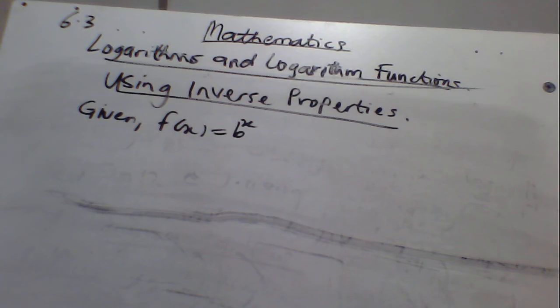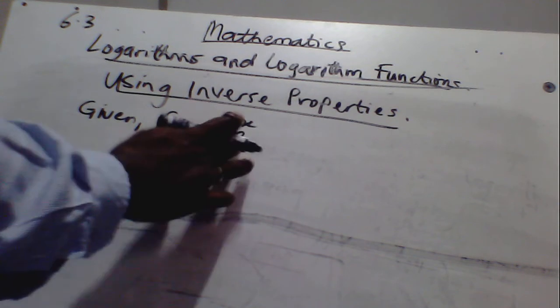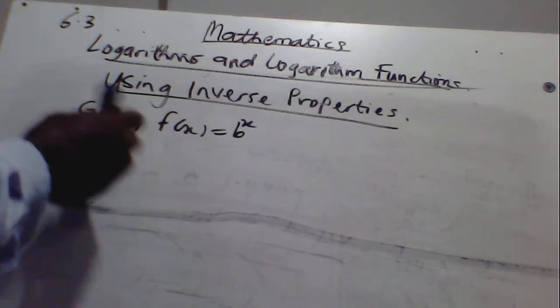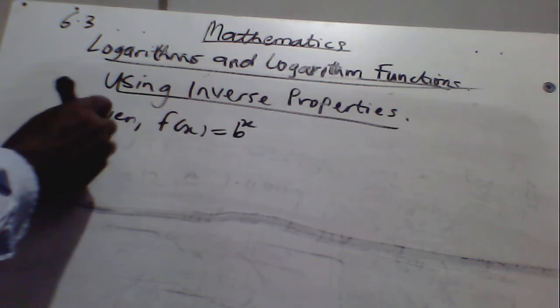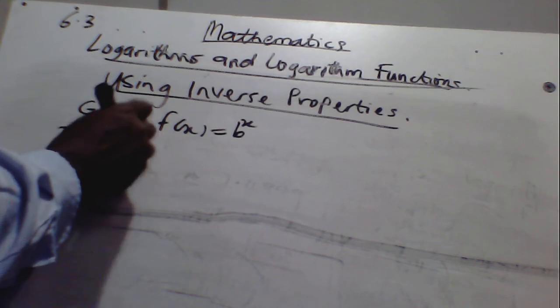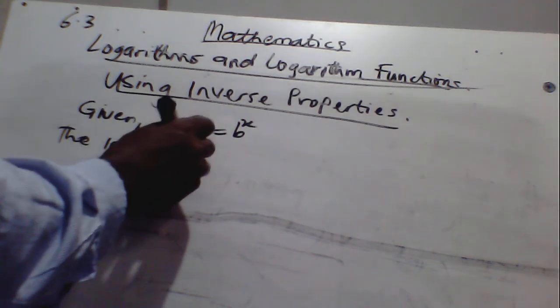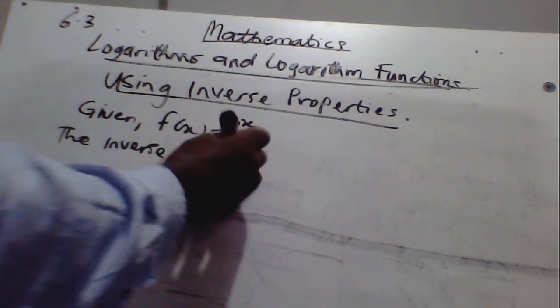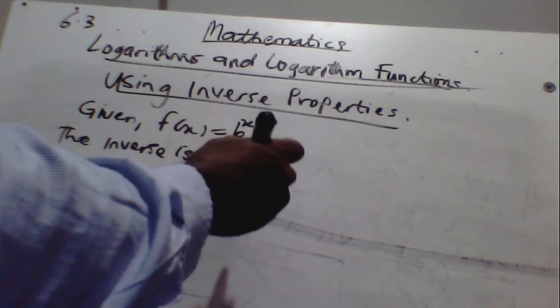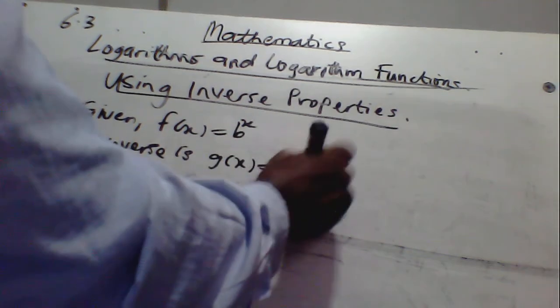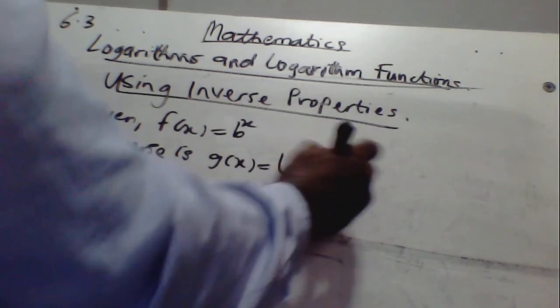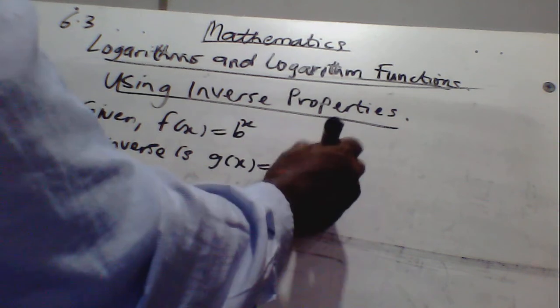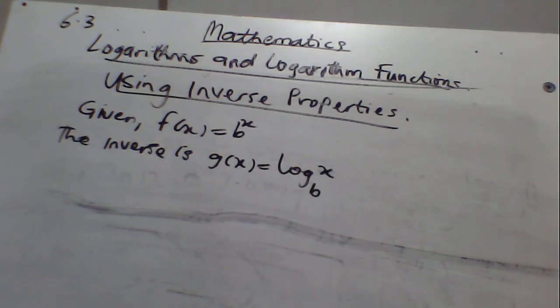Its inverse is g of x equals log x to base b. We have done that before. The inverse of an exponential function is g of x equals log x to base b. So this is the inverse of this function.